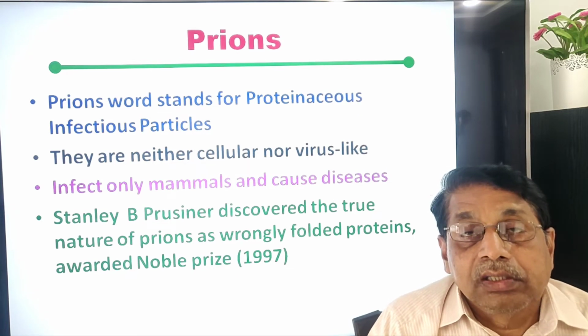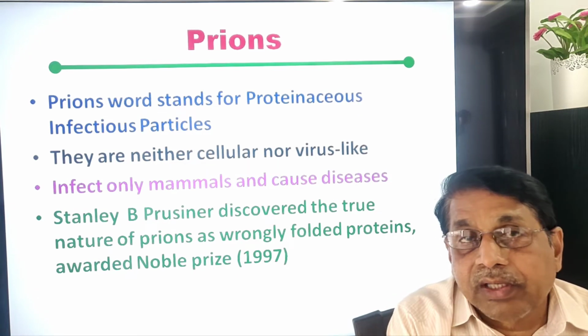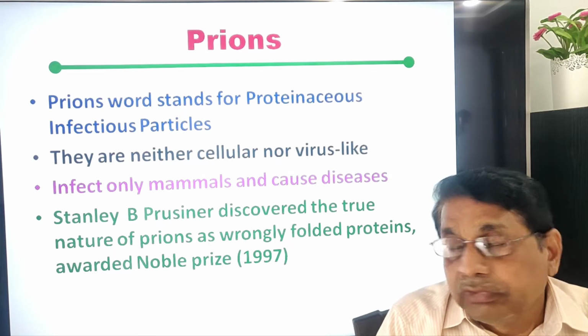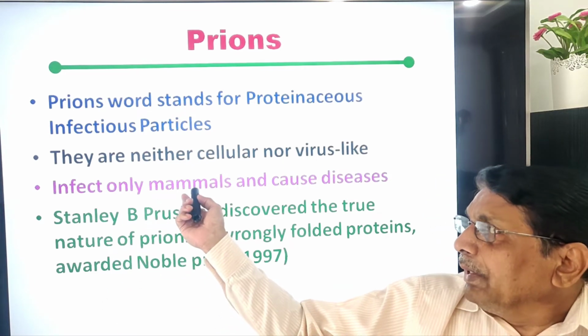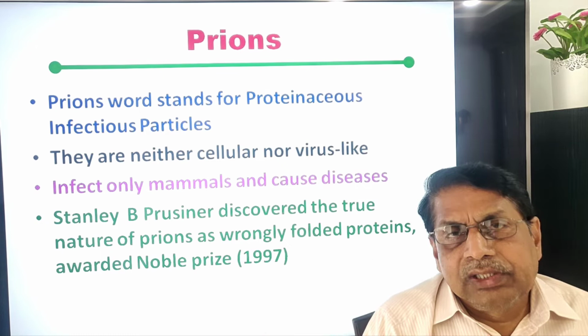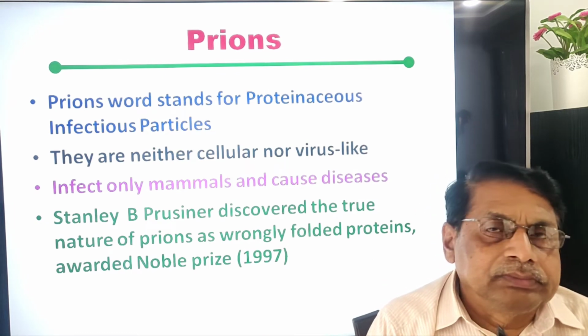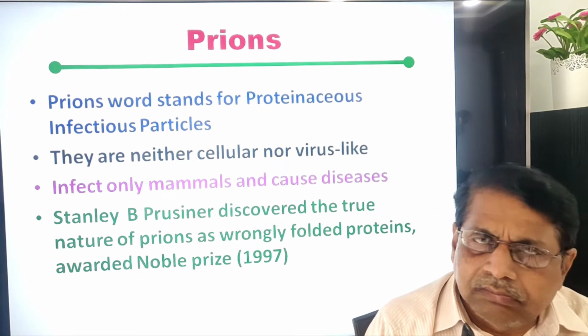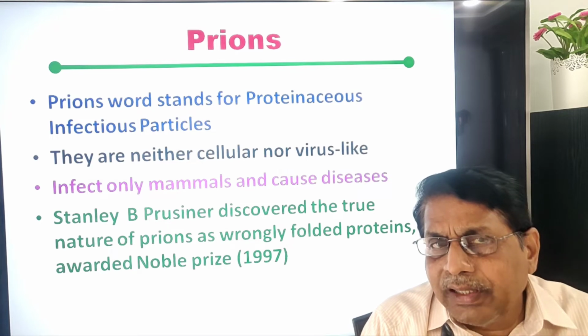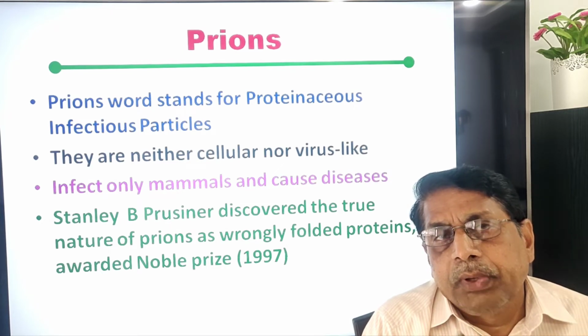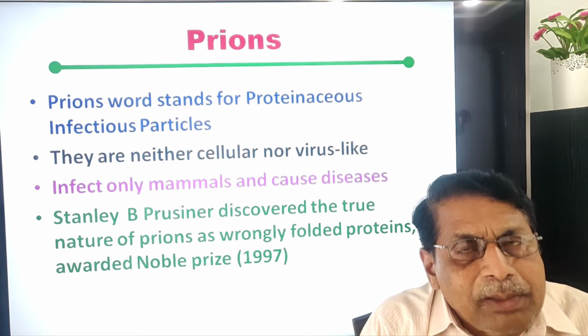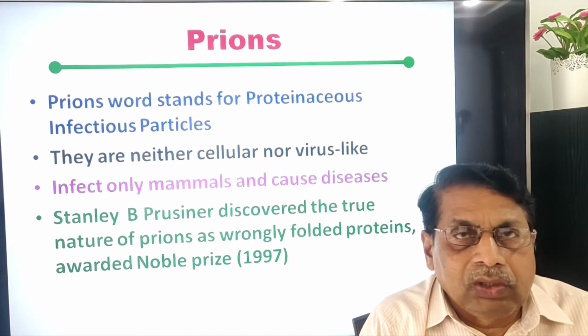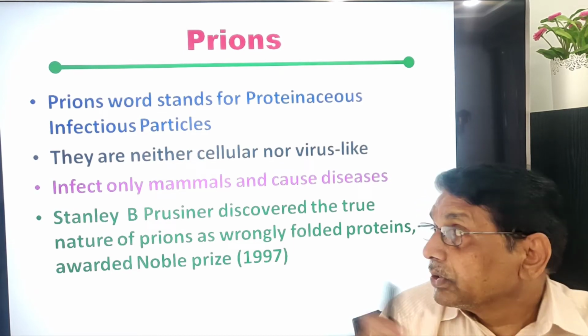These are another separate agent, neither viruses nor viroids. They infect only mammals. Again, this is a thing to remember. Viruses infect all. Viroids infect only plants. Prions infect only mammals. Not all animals, only mammals.